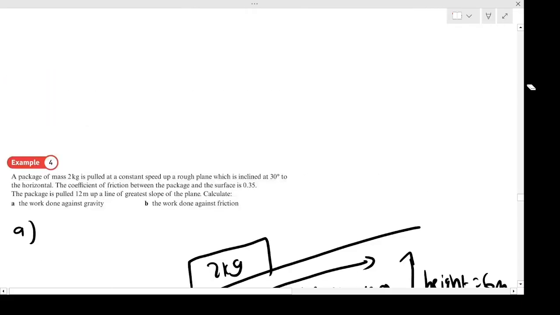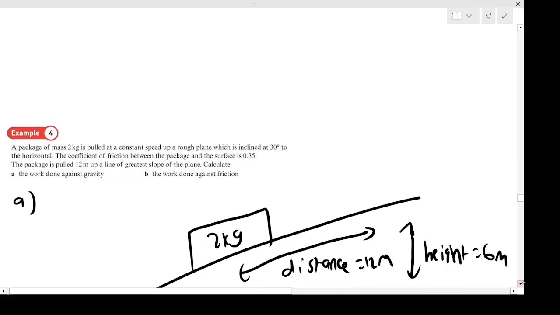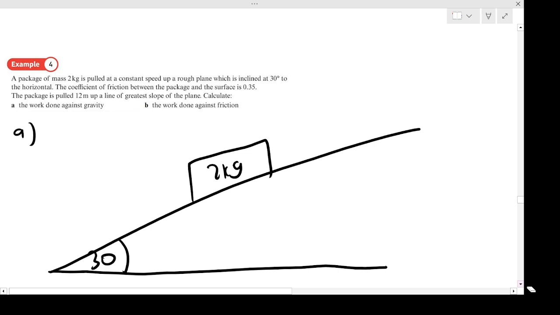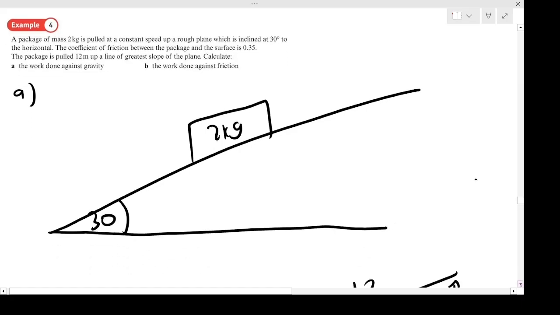Then they're asking for the work done against friction. So now we need to add on our forces. I'm going to get rid of these lengths here. Firstly, we have weight.